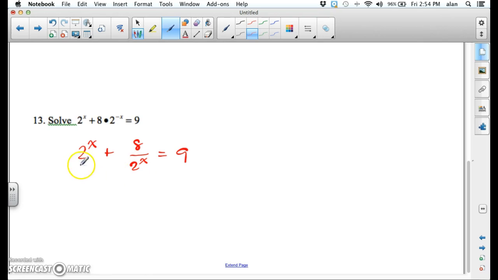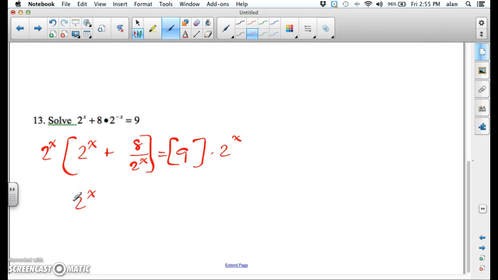Well, recall from Algebra 2, if we don't want something on the bottom, one way to get rid of that is by multiplying everything on the left side by its least common denominator and multiplying everything on the right side by its least common denominator. So multiply everything by 2 to the x basically. Well, 2 to the x times 2 to the x means how many 2 to the x's do you have? 2 of them.